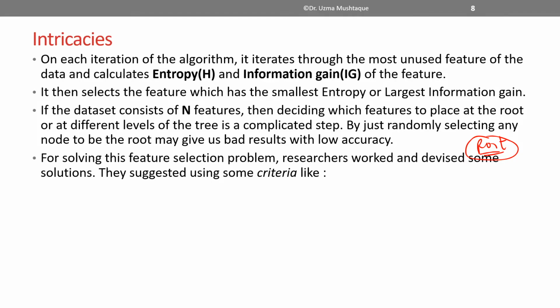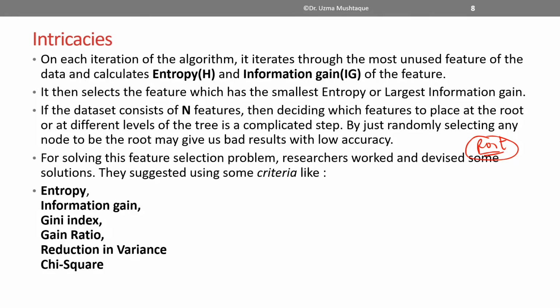So we know two criteria already, that's entropy and information gain. When we do this implementation in Python, we will do it based on entropy. So our model will select features based on the least entropy and the highest information gain. But there are other criteria available as well, and you can implement them too. But we are focusing on entropy and information gain.